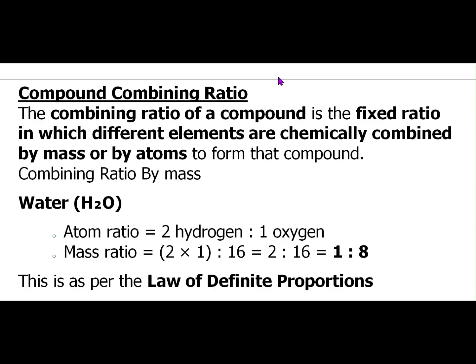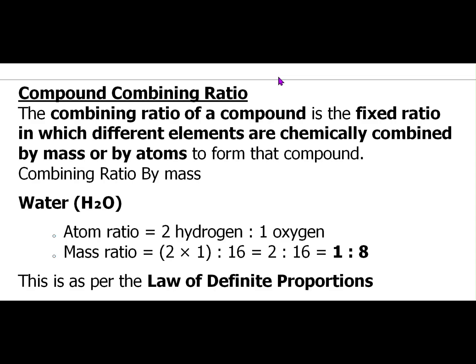This is as per the law of definite proportions. Oxygen will combine only in the ratio of 1:8. 1 gram of hydrogen will combine with 8 grams of oxygen.